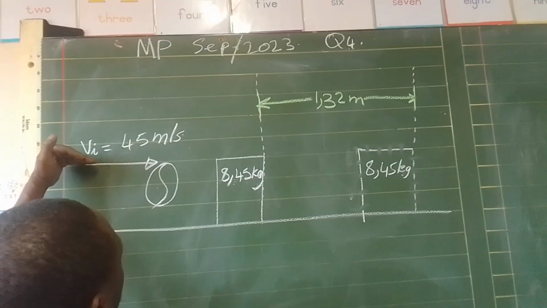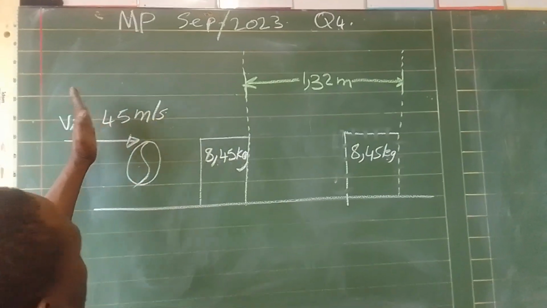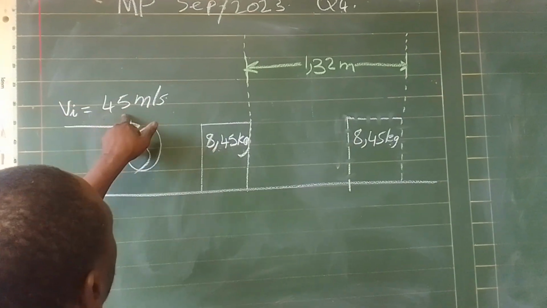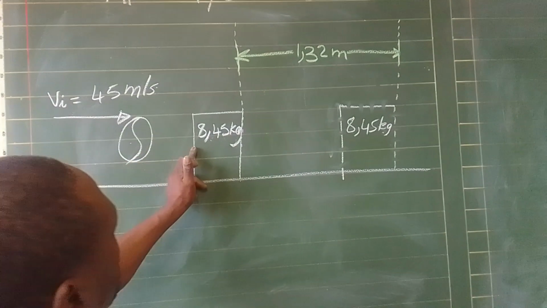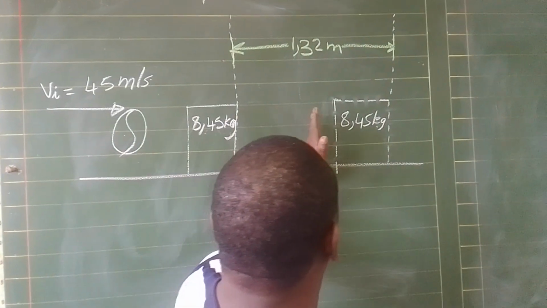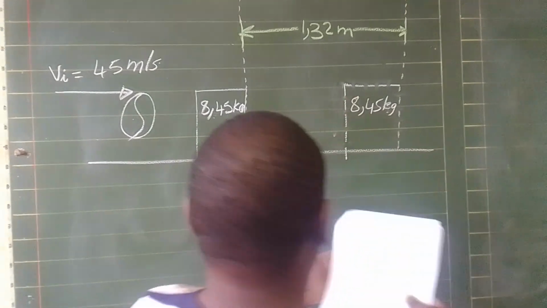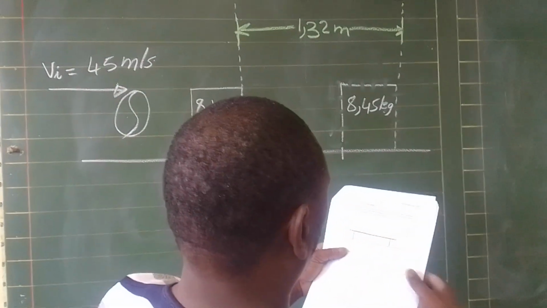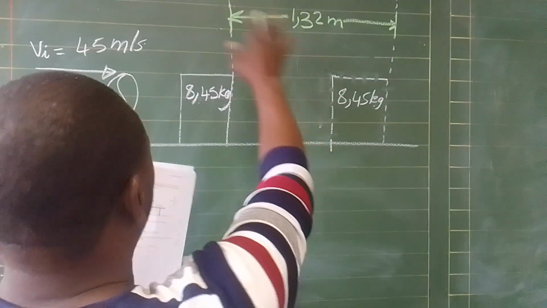This is our tennis ball. It was hit by a racket. It travels at 45 meters per second. It hits the block. The block will start to move. It moves a distance of 1.32 meters. This is the information that we are given.